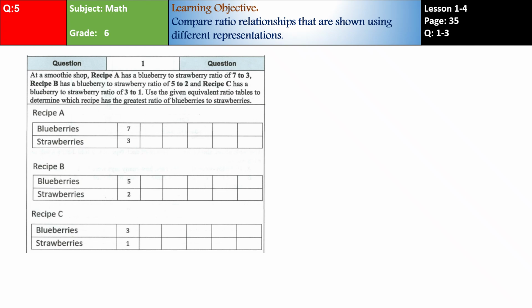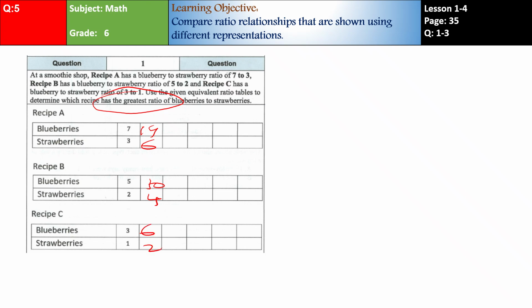At a smoothie shop, recipe A has a blueberry to strawberry ratio of 7 to 3, recipe B is 5 to 2, recipe C is 3 to 1. How can we compare? First of all, we need to complete the table. If it is a paper exam, or if it is an electronic exam, they will complete the table and we have to find the greatest ratio. So we can compare when one of them is the same. So here you can write the multiples of 7 and here the multiples of 3, same here 5 and 2, and here 3, 2 times 6, like this.